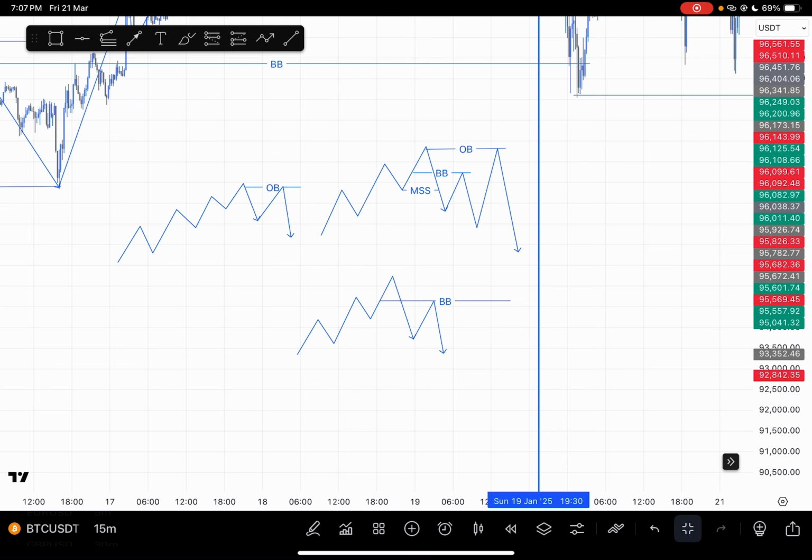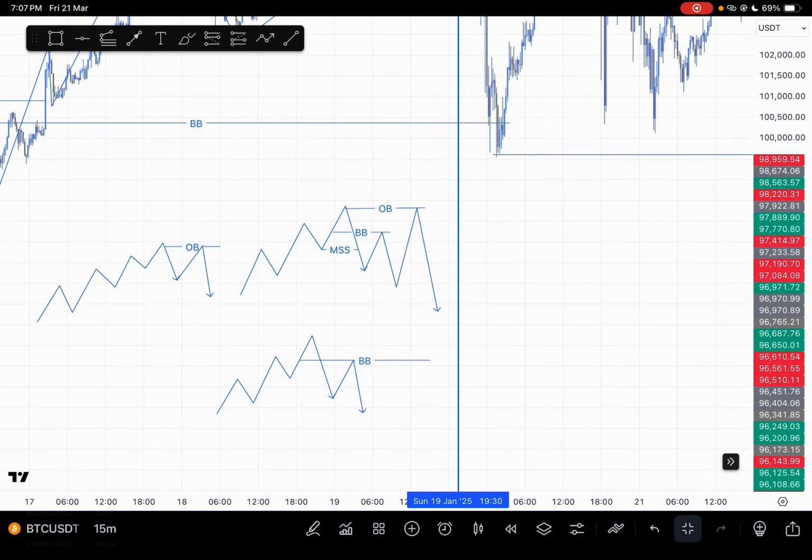So this is what you should always note. If there's a breaker block and an order block together, price will use the breaker block first, then the order block last. In cases where there's just a breaker block, price will use only the breaker block, while in cases where there's an order block, price will use only the order block. So you always note that.